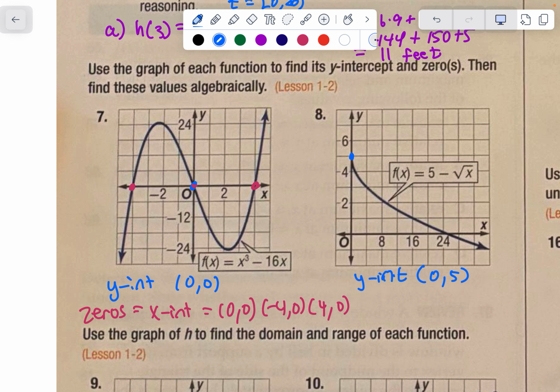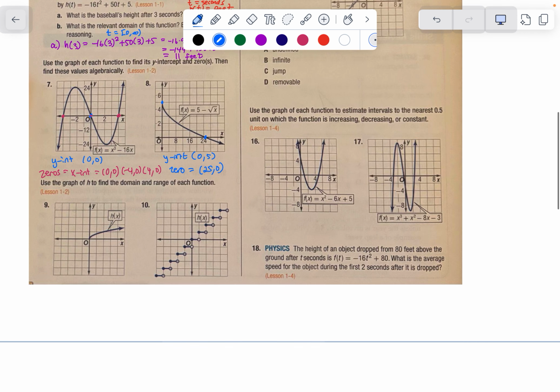It only appears that there is one x-intercept, and I believe it's 25. So that's a y value of 0 and an x value of 25. Now, let me write down these equations, and I'll show you that again.